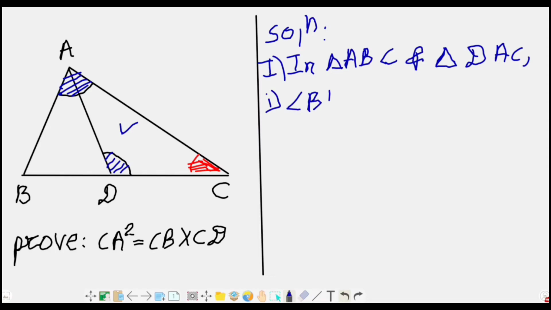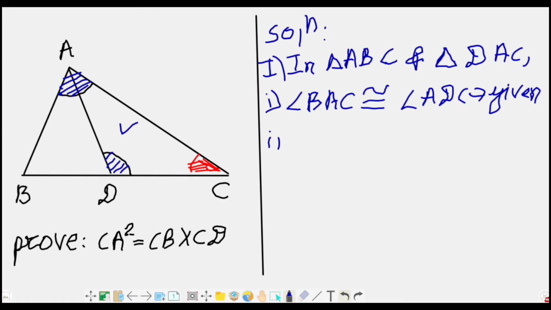So your angle BAC is given congruent to angle ADC. This was given. Second angle, my angle ACB is congruent to angle DCA.